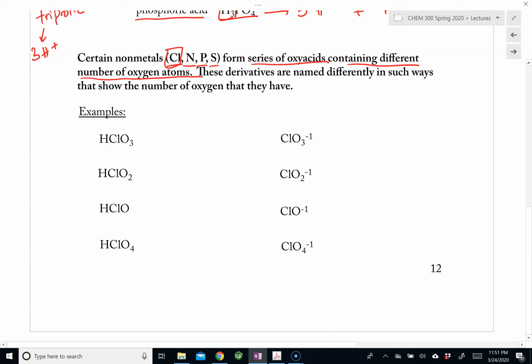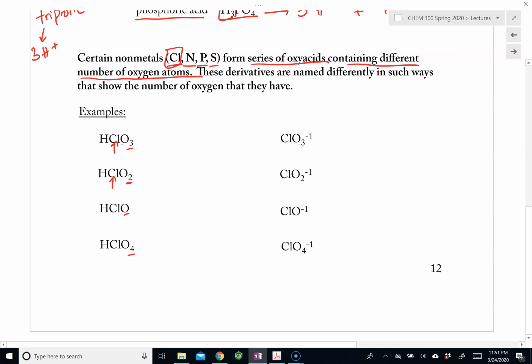So the nonmetal here is chlorine, and in this case 3 oxygen. Similarly over here, except there are now 2 oxygen. This will have 1 oxygen, and this one has 4 oxygen. So there are many derivatives that consist of the same nonmetal. However, they have different amounts of oxygen in them, and these are different substances. We need to be able to name all of them to distinguish among them.